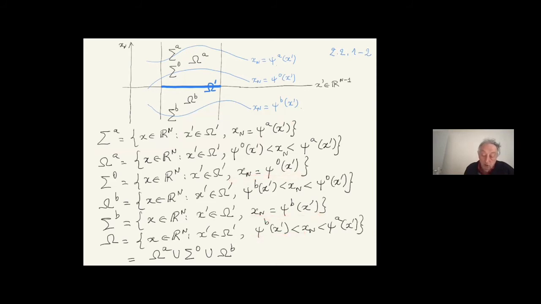Now I define omega A, okay, I begin with omega B. I define omega B as the set which is a vertical cylinder with a below boundary which is sigma B, and an above boundary which is sigma 0.